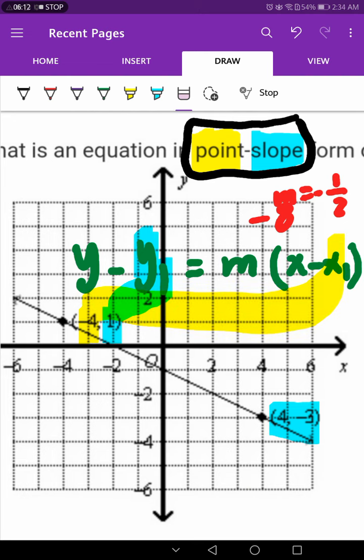I erase this and write what? Sorry, it is 1. So I have to write 1 here, because this is x, this is y. Sorry, I'm very sleepy. Okay, this is y. The x is here.